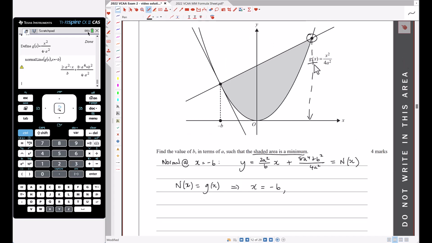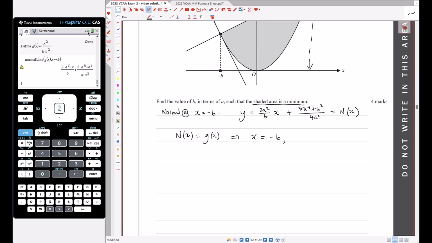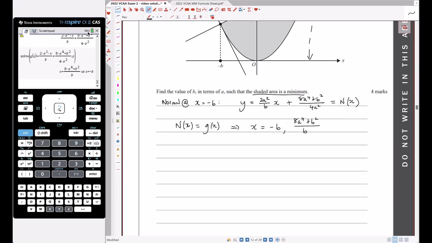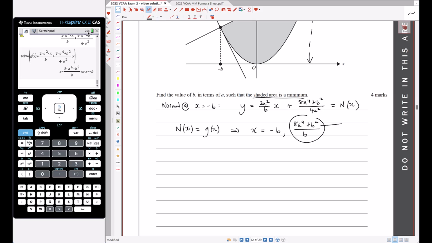So you need to make sure you use notation consistent with the question. So we're going to solve g of x equal to my normal equation, which is that. I'm going to solve that for x. That's much nicer. X equals b and 8a to the 4 plus b squared on b. Okay, so that must be this value here.